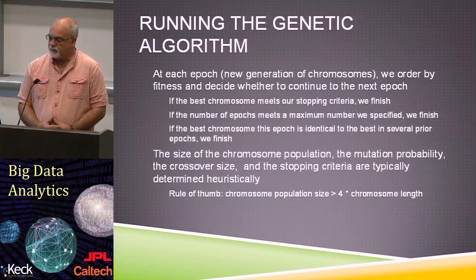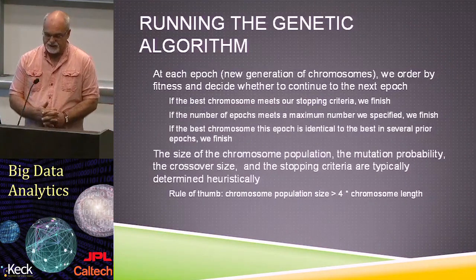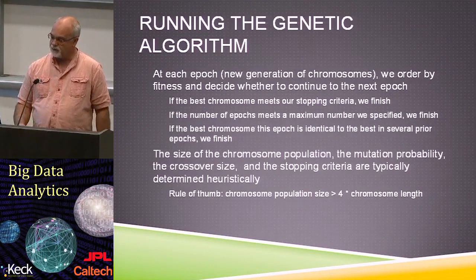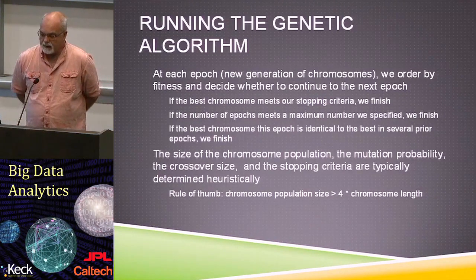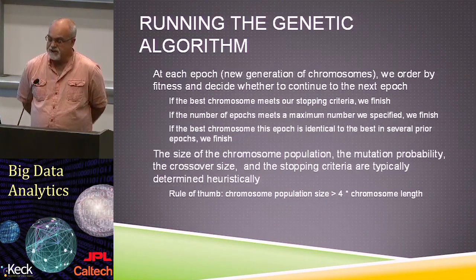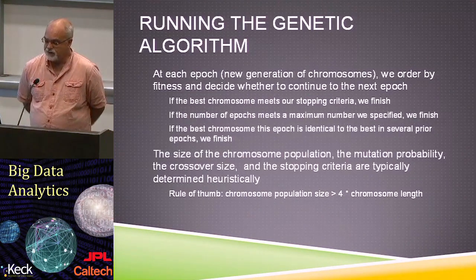Now we've defined what the operators are that we're going to use with our genetic algorithm, with our chromosomes, and we now actually want to run the algorithm. So as we saw before, at each epoch, which is each new generation of chromosomes, we order all the chromosomes by fitness, and then we decide whether or not to continue to the next epoch.